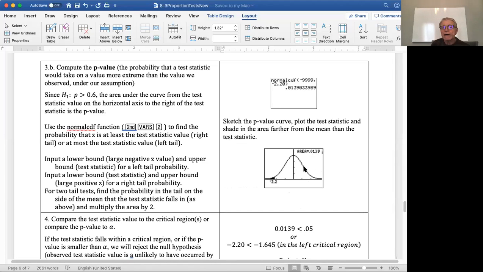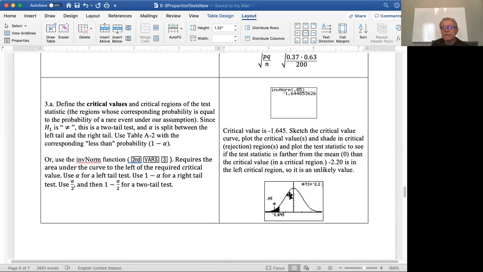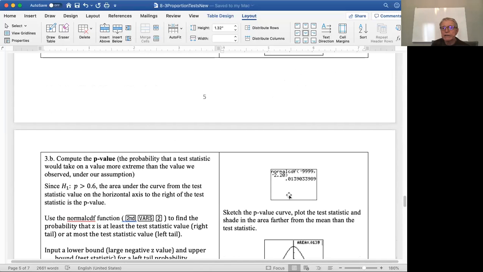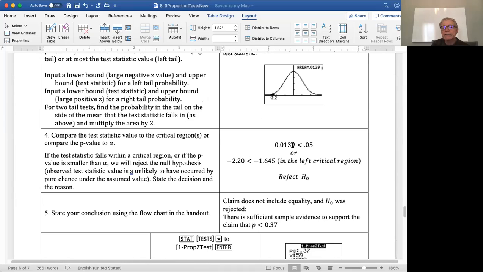Once we have our critical value and we know where the test statistic is relative to that, we know we're probably going to reject, and we know that our p-value is less than 0.05, so we know we're going to reject because of that. We state our decision: reject H0 because the p-value is less than alpha, and because the test statistic is farther to the left of the left critical value. Negative 2.20 is less than negative 1.645. And then we make our decision.